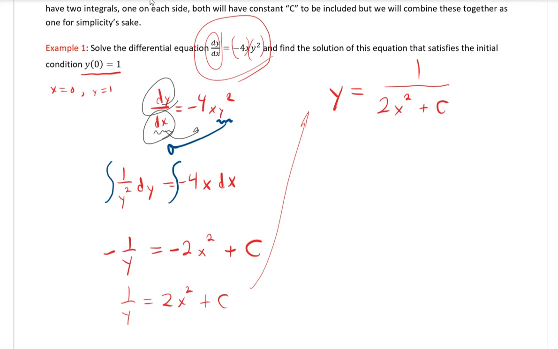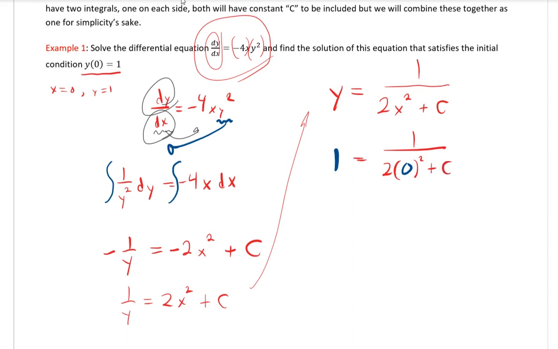Now that we have this solved, though, we should be able to find out what c is supposed to be by using our initial value. We have that if x is 0, y is 1. So if I plug in those values, y = 1, 1/(2 times 0 squared + c).